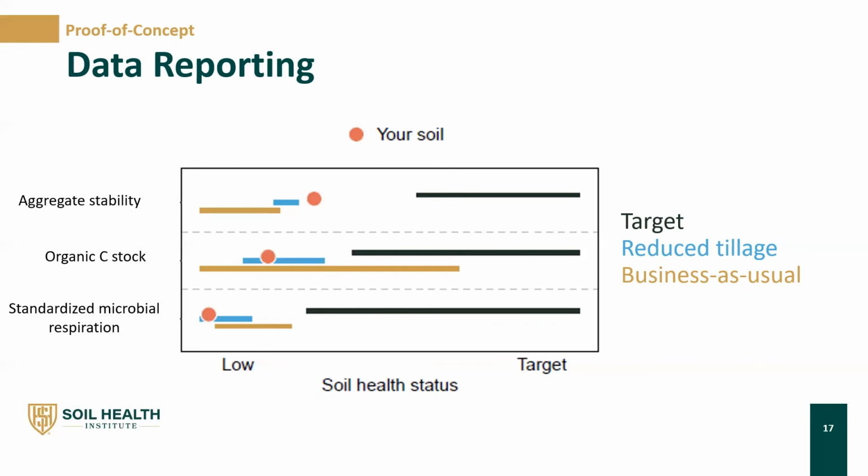They have room to improve even within the business as usual measured near them. Whereas standardized microbial respiration, really about as bad as anybody. So they have a lot of room to improve in their soil health gap for microbial respiration. This is the way we can present data to really show and contextualize how good farmers are doing and how good they can get.